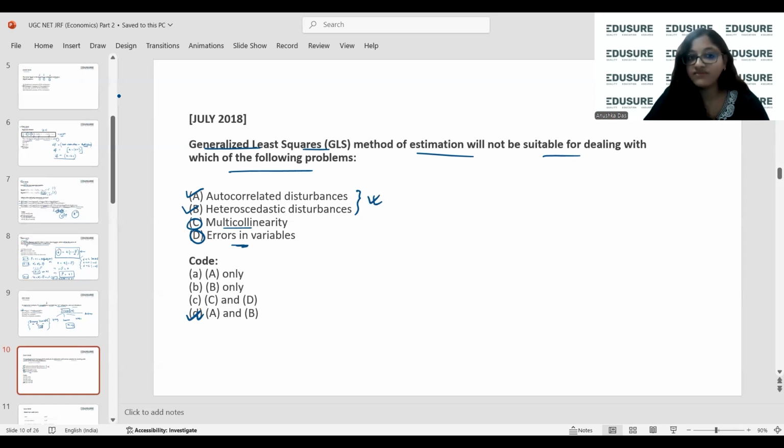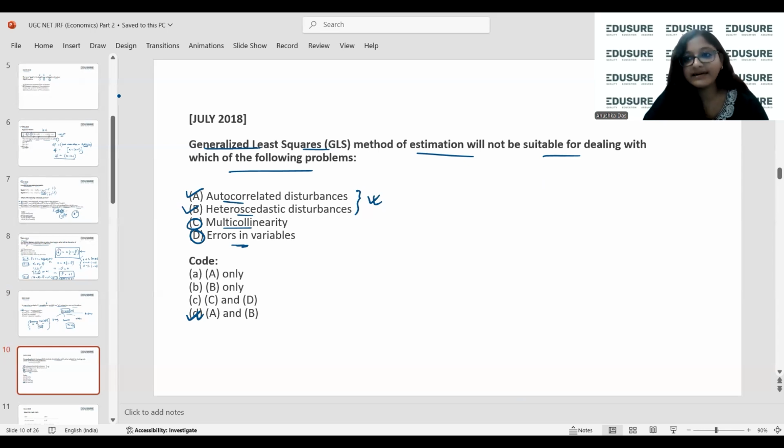In the presence of autocorrelation and heteroscedasticity, generalized least square will ensure efficient, consistent, and unbiased estimators. If you apply OLS in a model which has autocorrelation or heteroscedasticity, the estimators will be inefficient.